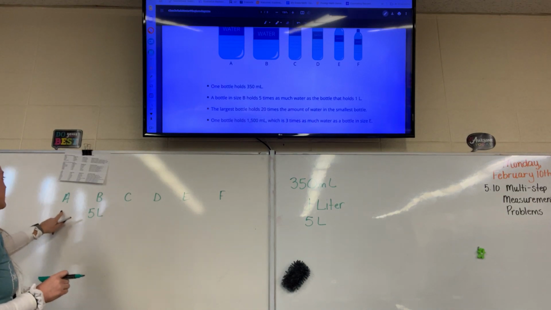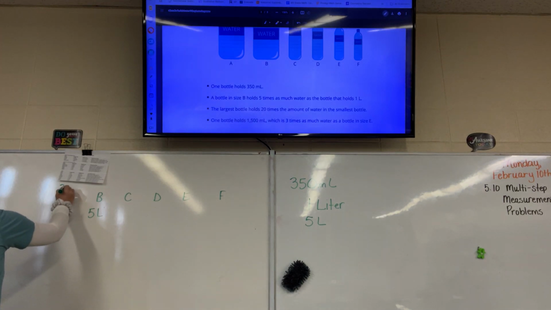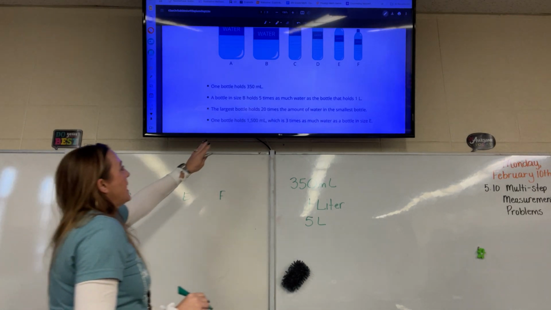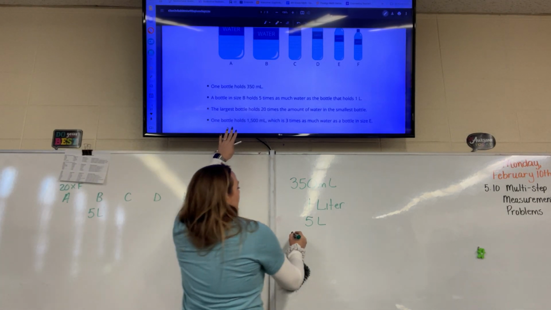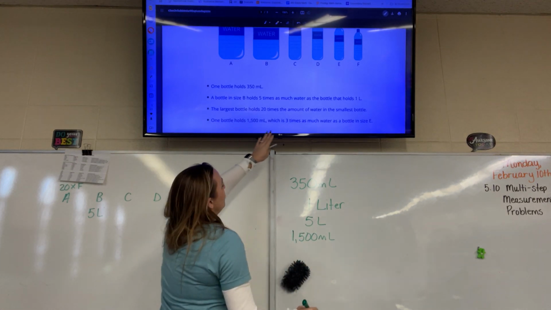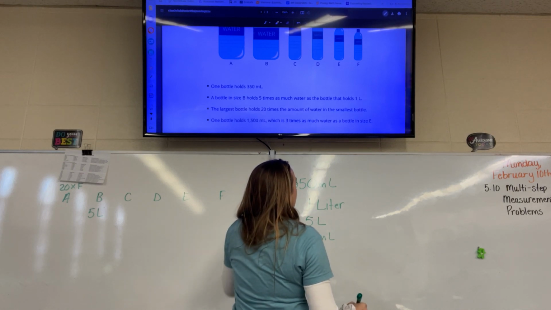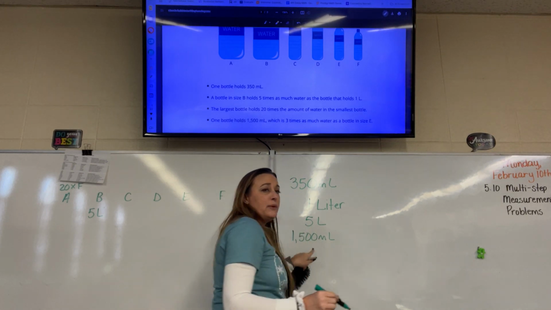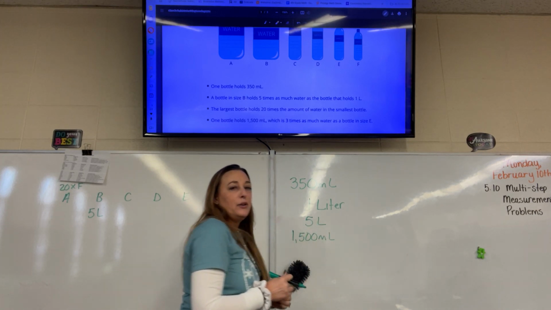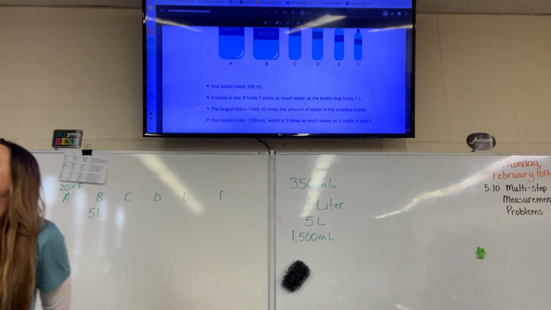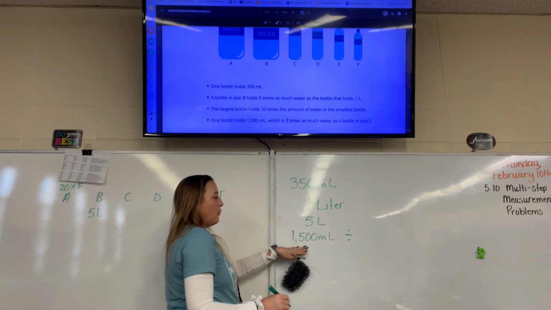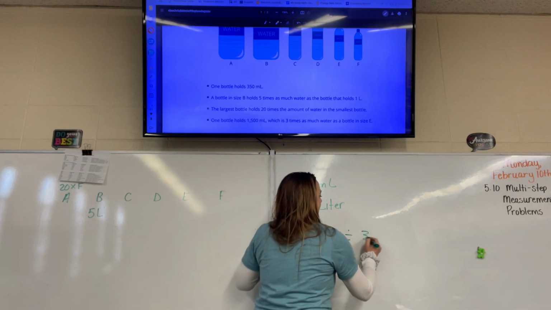We just know this one's 20 times F, whatever's in F. And then the last one says one bottle holds 1,500 milliliters, which is 3 times as much as bottle E. So if this amount is 3 times bottle E, how would we find bottle E? We would divide it into 3. Yes. Divide by 3. So we're going to divide 1,500 by 3.